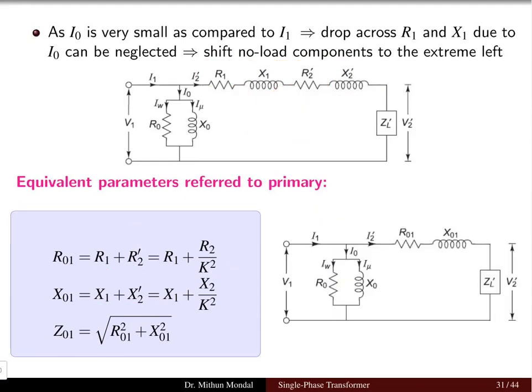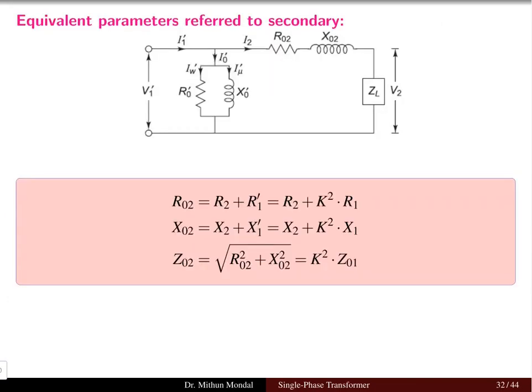So from this network, we will get one more network in the modified form with one resistance and one reactance, R01 and X01. Now if we do the same thing to refer to the secondary side instead of the primary side, then we need to find the R02 and X02 components. So here the transformation ratio K square will be multiplied instead of divided.